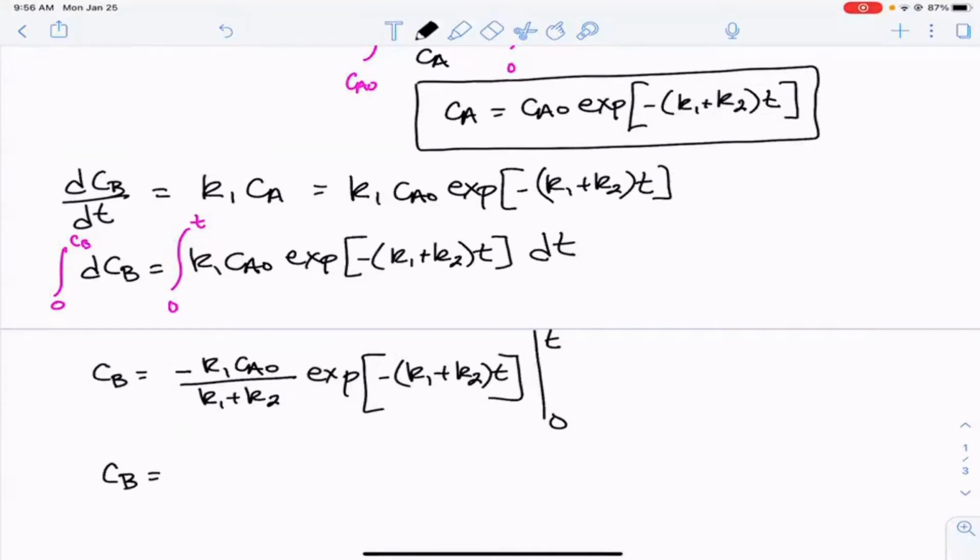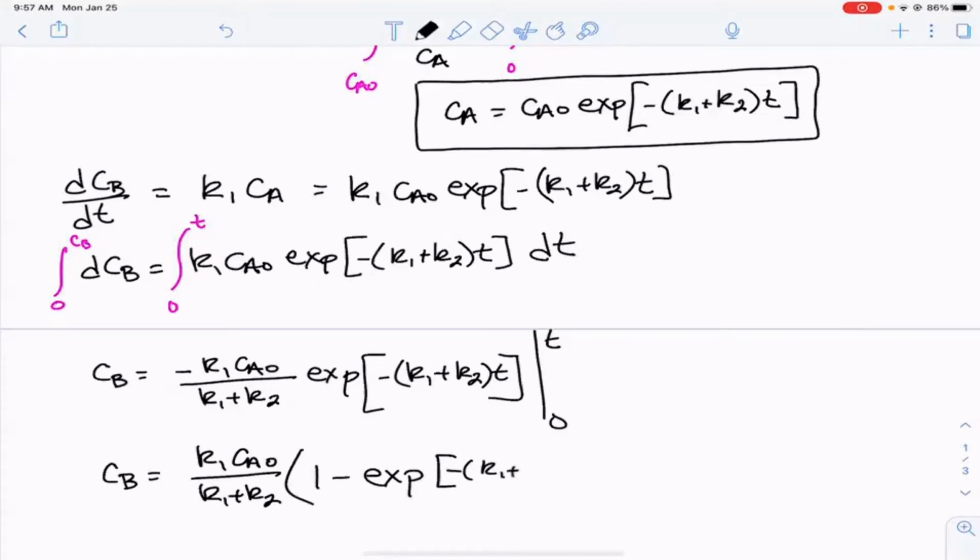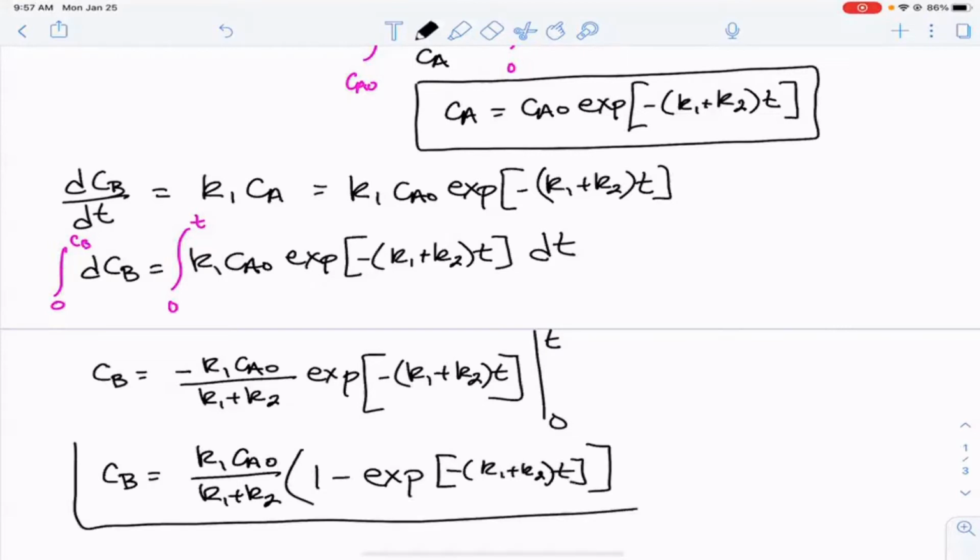And so our final solution here is that CB equals K1 CA0 over K1 plus K2 times 1 minus the exponent of minus K1 plus K2 times time. Oops, I said K1, I wrote K2. Okay, and there's our concentration for B as a function of time.